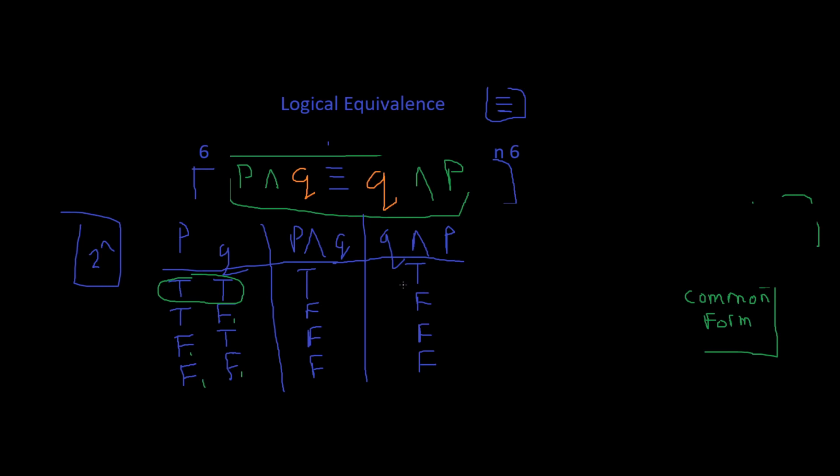And so, what do we call this? When both these statements have the same truth value, well, we say that they are logically equivalent. And so we just proved that P and Q is logically equivalent, which is this sign right here, right?